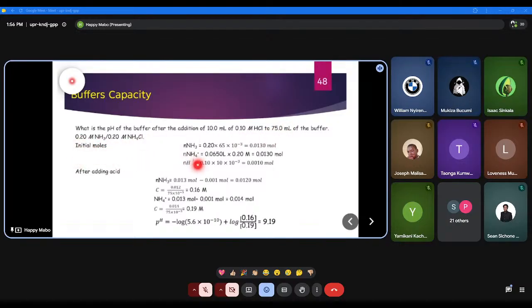So the initial concentrations for ammonia, we have the concentration that we have been given here, which is 0.20, against the solution itself, which was 65. And then we change it to decimeter cubed.